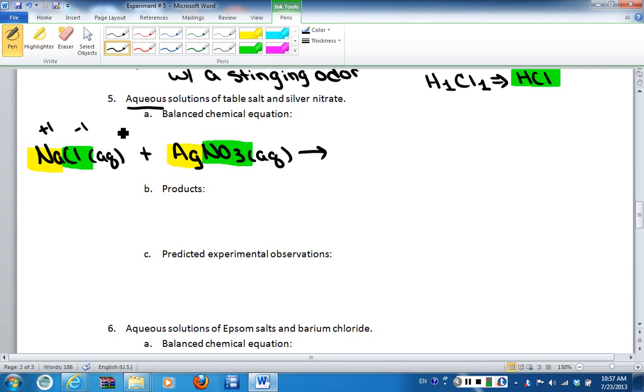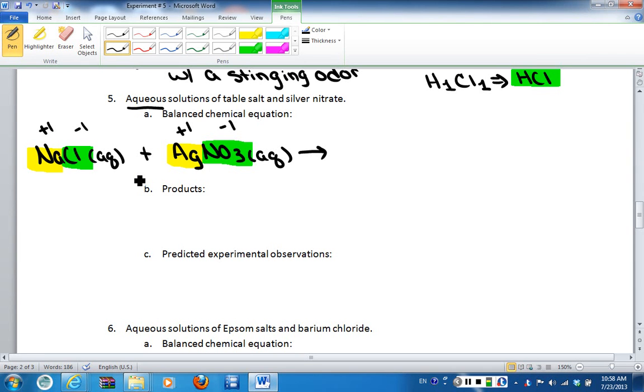So for sodium chloride, the overall charge of the molecule is equal to 0. You know sodium has a +1 charge, chlorine has a -1 charge. For silver nitrate, we know that the polyatomic ion nitrate has a -1 charge. And in order for the overall charge to be equal to 0, we know that silver has to have a +1 charge. So we have a +1, -1 charge for each of the cations and anions here.